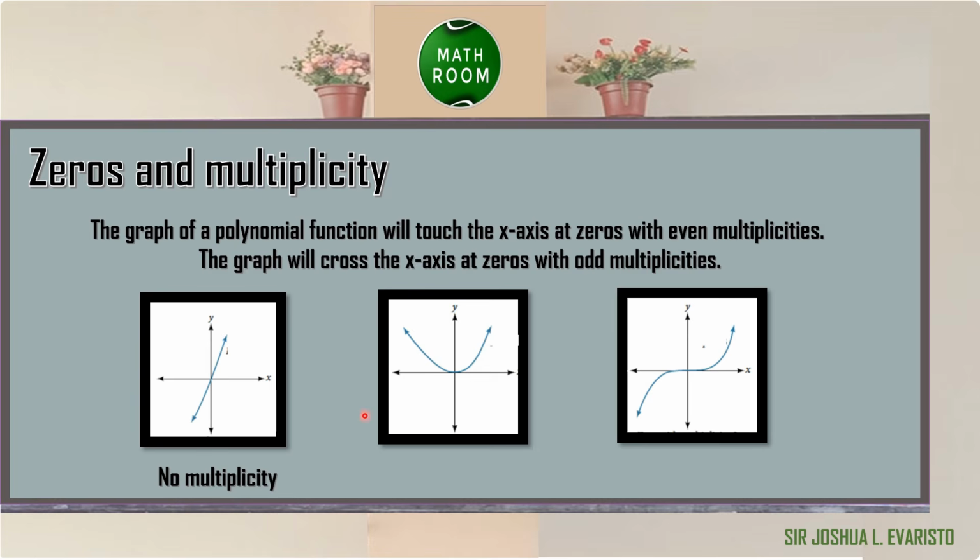Figure number 2 illustrates a multiplicity of 2, wherein the graph will touch and bounce off the x-axis. And illustration number 3 is the multiplicity of 3, wherein the graph will still cross through the x-axis, but the graph will appear flatter as it approaches and leaves the x-axis.